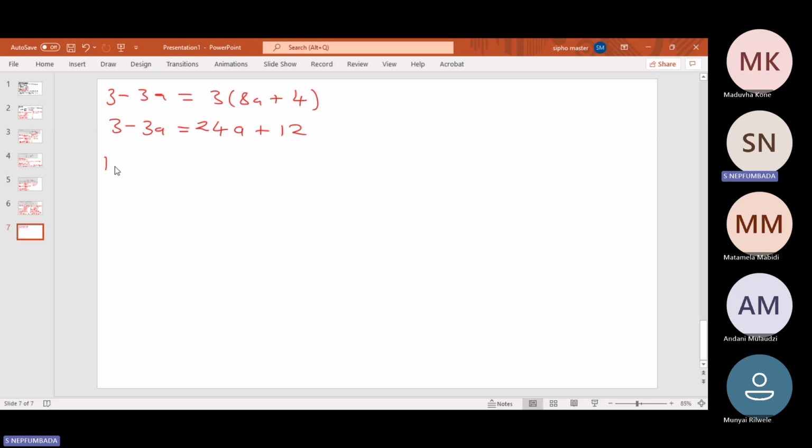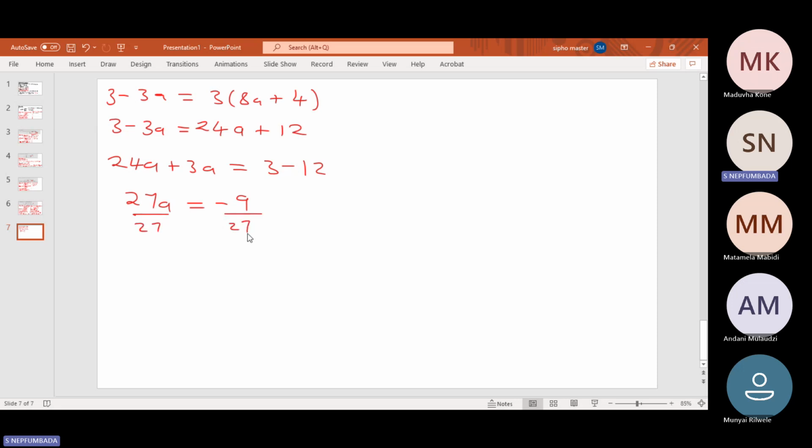Then we're going to have, we solve for a: 24a plus 3a is equals to 3 minus 12. Then 24 plus this one is 27a is equals to 3 minus 12, you get what? Negative 9. Then you divide by 27, divide by 27.